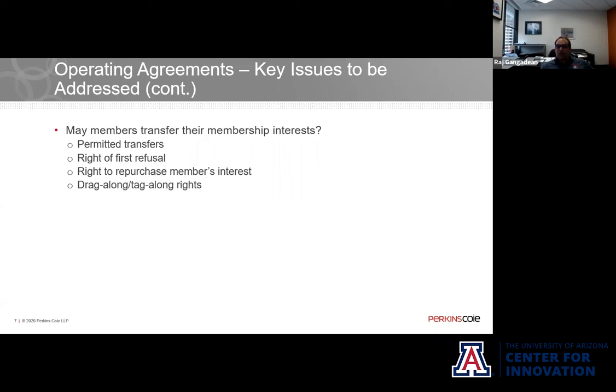And a tag along right would be a right I would have to say, hey, Anita, you're selling your 80% interest to somebody else. I don't want to be stuck here with a new 80% majority owner. I'm going to exercise my tag along right and require you to include me in the sale. So each of us gets 80% in your case and 20% in my case of the total purchase price.